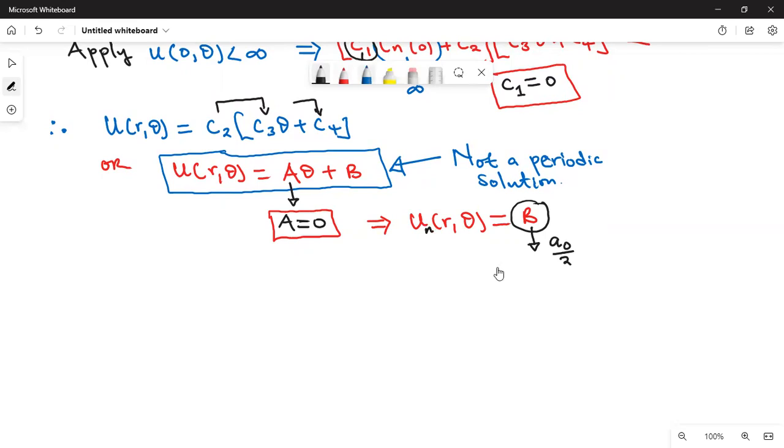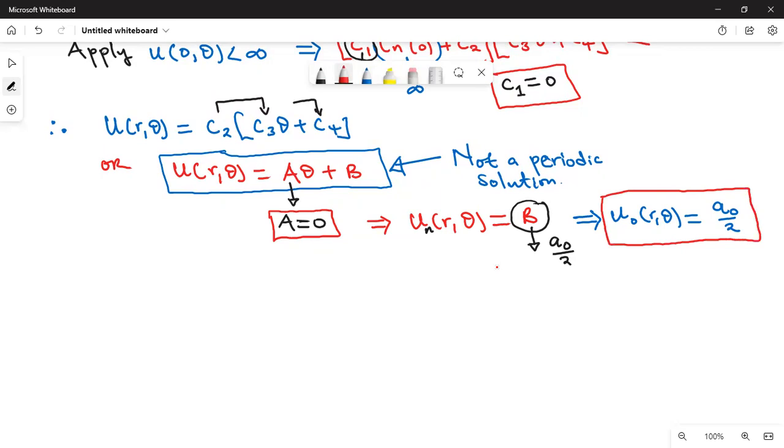So we get here that therefore u naught as a function of r, theta should be equal to a constant a naught over 2. So somebody was wondering, why did we have a naught over 2 in case 1? This is where we got it from.